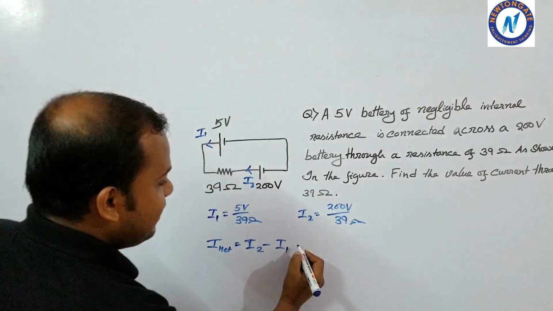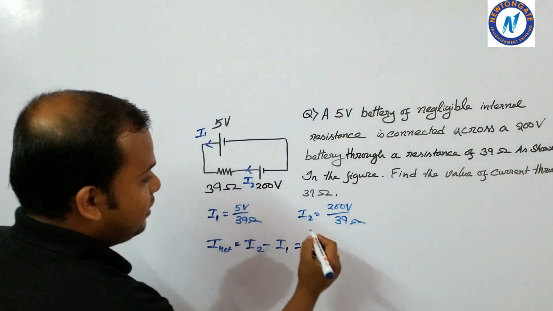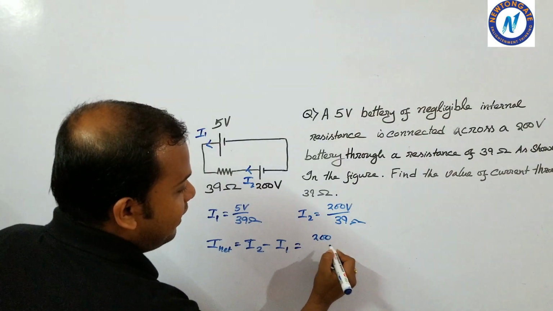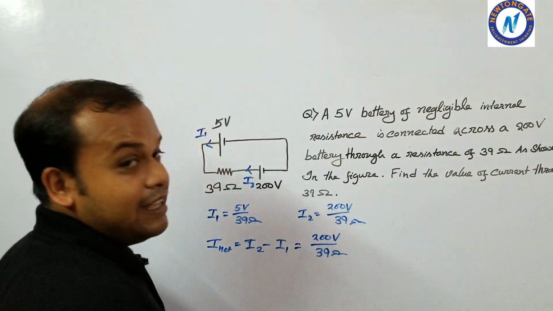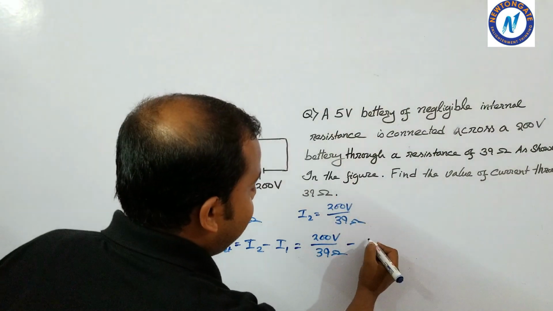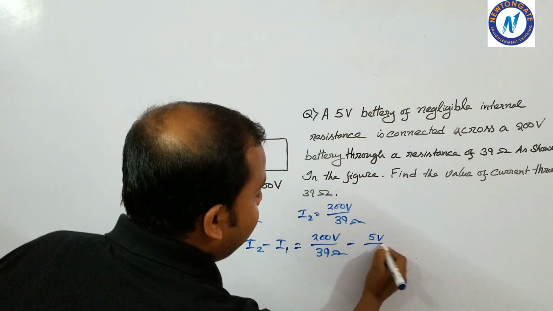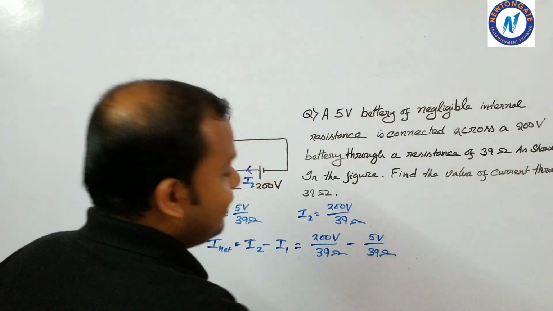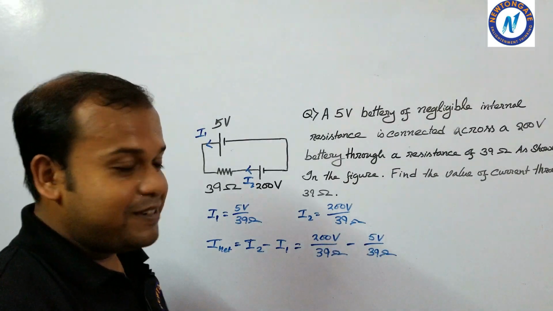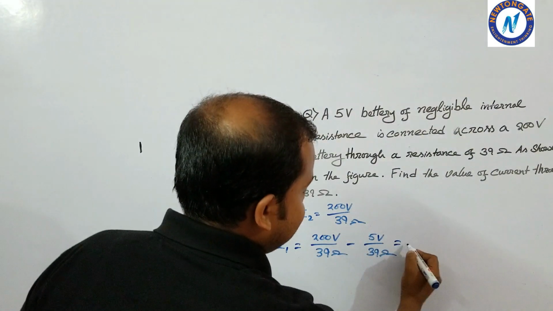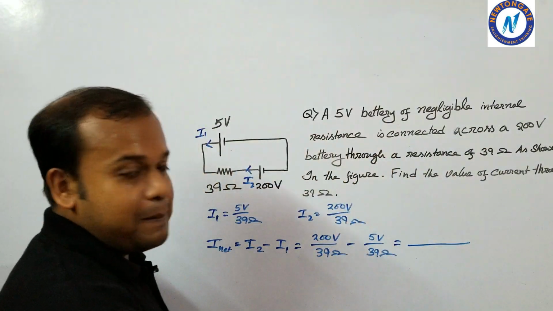So what is I2 minus I1? I2 minus I1 is basically 200 volt divided by 39 ohms minus 5 volt divided by 39 ohms, right? This is the net current. And if I do the subtraction, then can I write 39 will be the LCM.